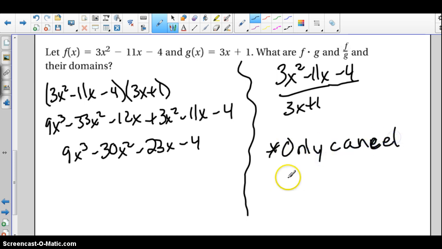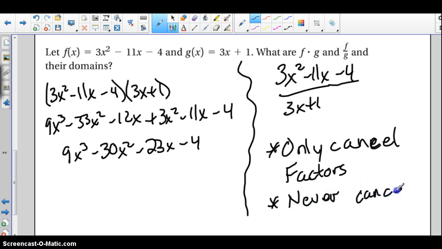Never cancel terms. And remember, terms are separated by pluses or minuses. That's a good little reminder for you.